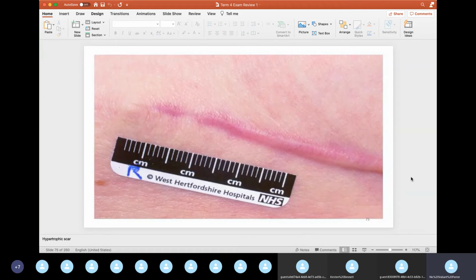Hypertrophic scar is increase in type 3 collagen. Look at the organization of the collagen fibers. They are parallel, okay? And they are confined to a border. So hypertrophic, increase in type 3 collagen, they are parallel, they're confined to borders.